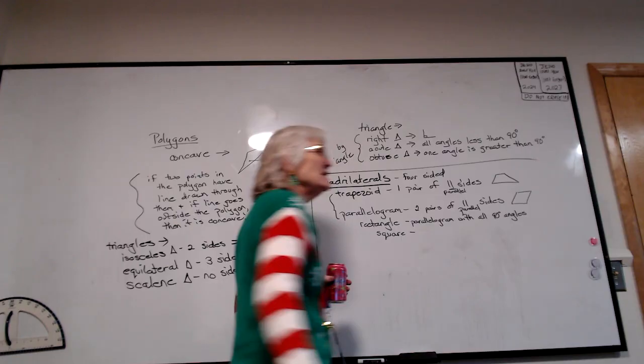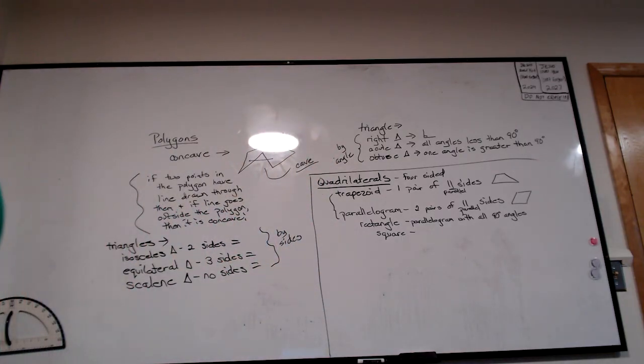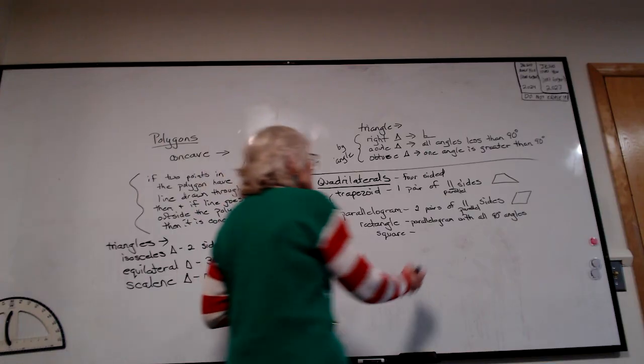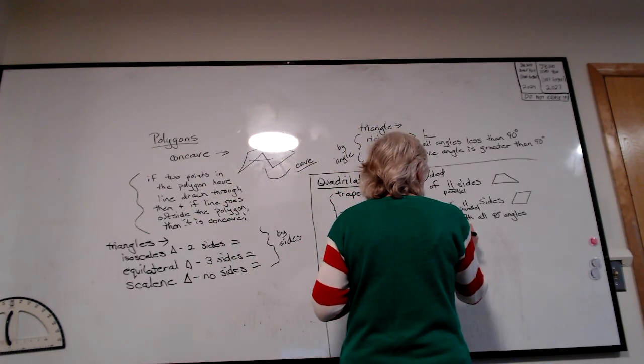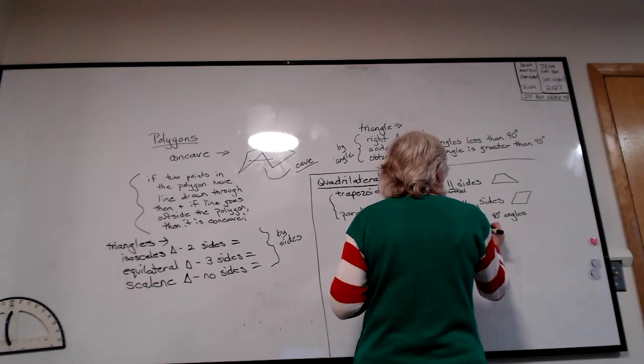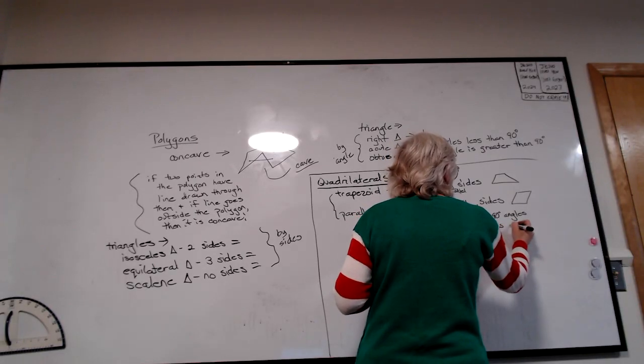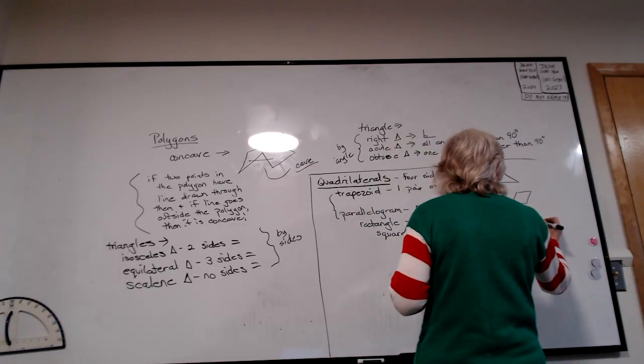How is it more specific than a rectangle? A rectangle that has what? All equal sides, that's right. So it's a rectangle that has all equal sides.